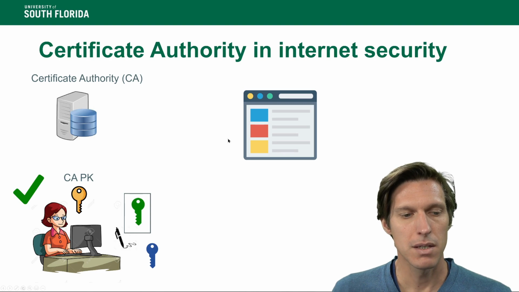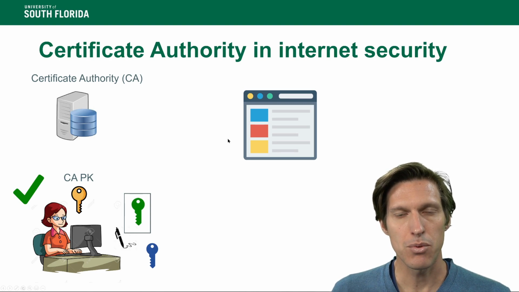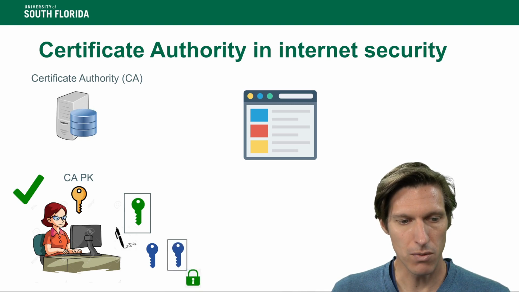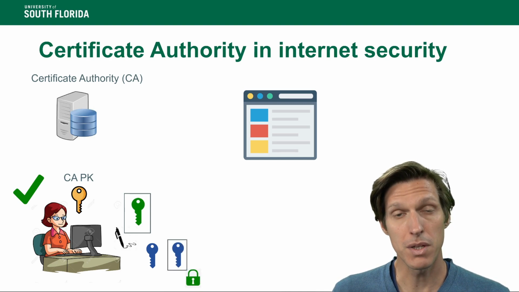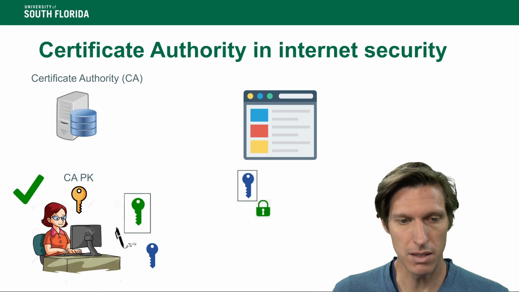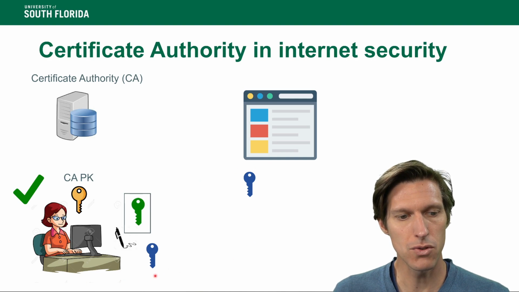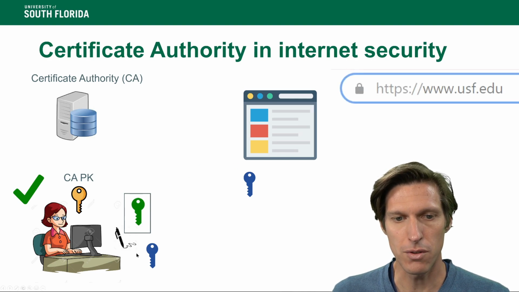And when she has that, she can produce a random session key, encrypt it with the key of the website and send it to the website, which can decrypt it. And then at this point, they both share a session key. So these certificate authorities are a way to initiate a secure private communication between a client and a server.